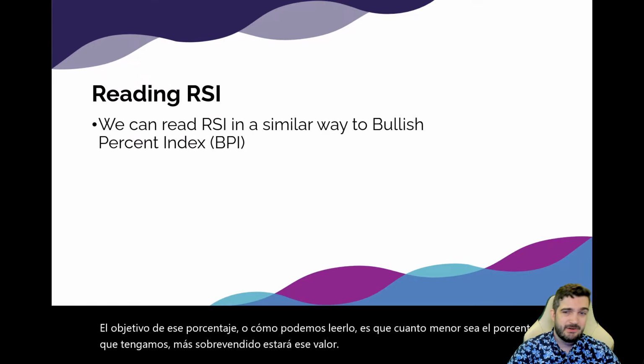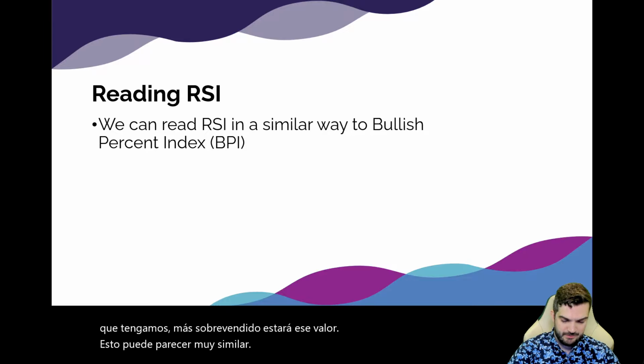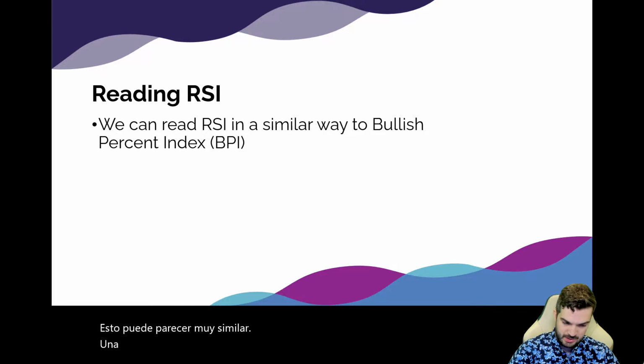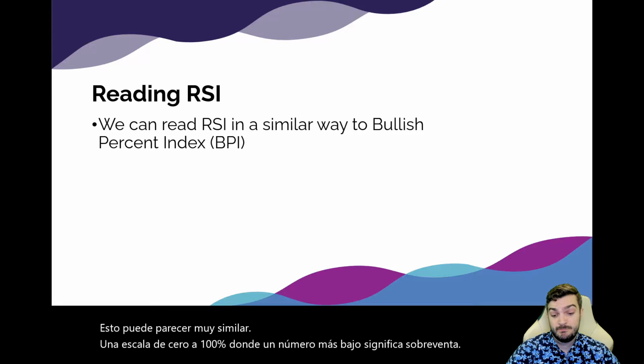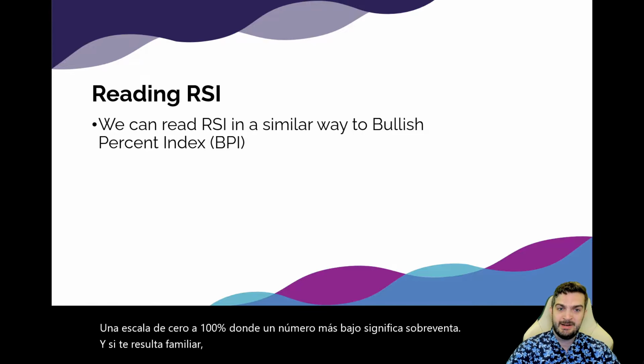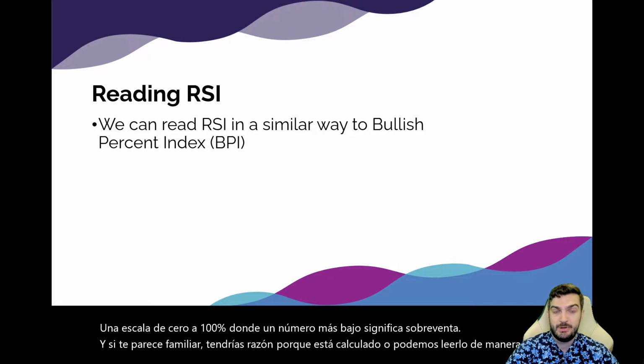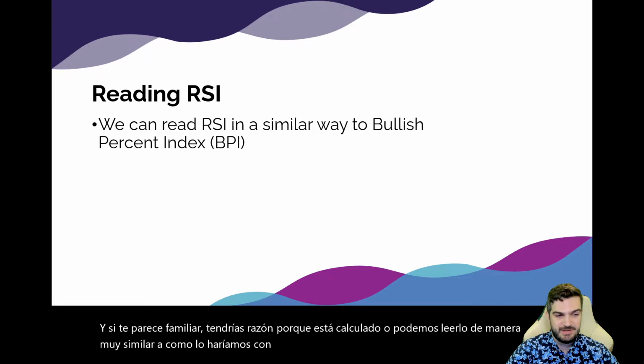This might seem very similar. A scale of 0 to 100%, where a lower number means oversold. And if it seems familiar, you would be right, because we can read it very similarly to how we would read bullish percent index, or BPI.